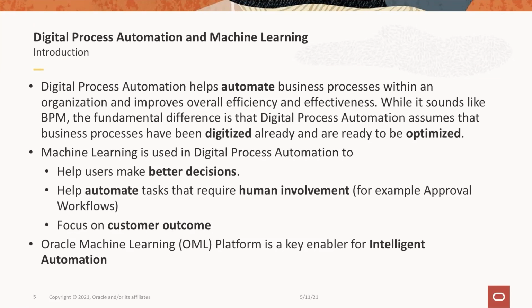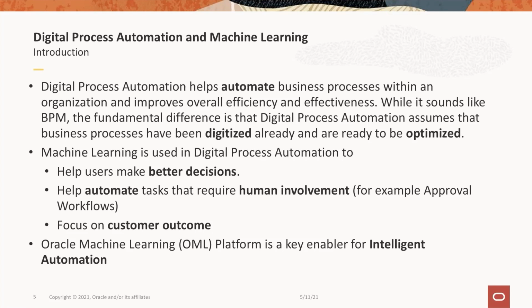But in the first phase of business process management, it was really more about organizations turning their paper-based processes and workflows and really digitizing them and making use of business process management software and tools. Digital process automation assumes that now the processes have been digitized already and they are ready to be optimized.